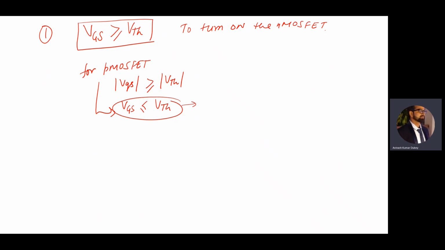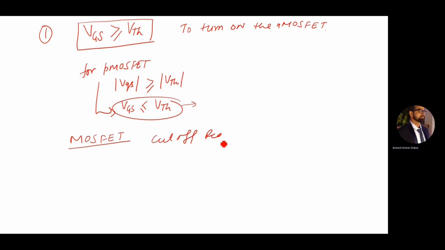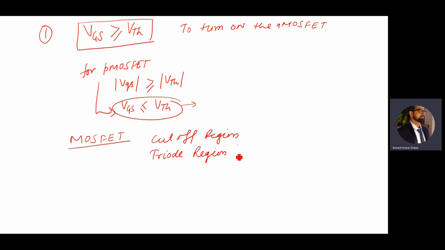We are going to write the different currents in the different regions. For a MOSFET, there are some regions of operation. One is the cutoff region. Then there is the triode region, which is also called the linear region.